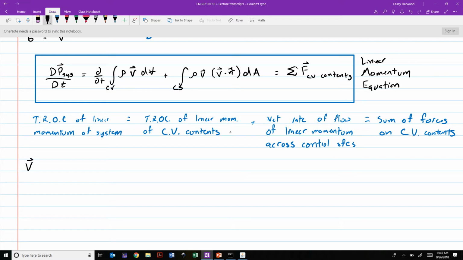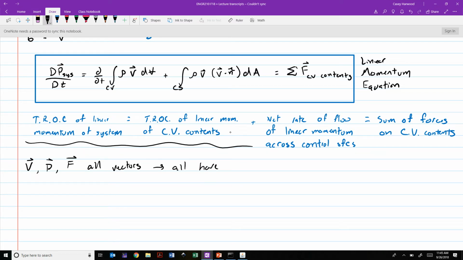So if we say v, p, and f are all vectors, in other words, all have x, y, z, or r theta z or r theta phi.